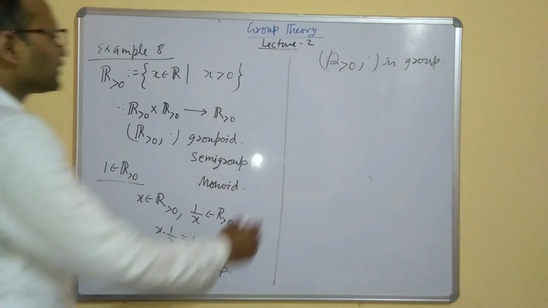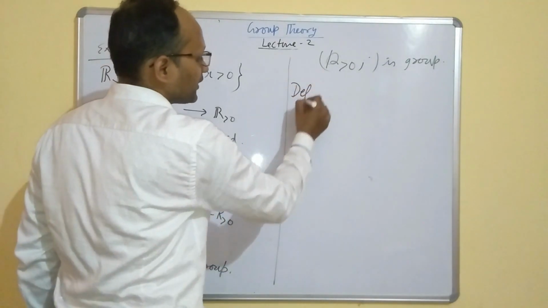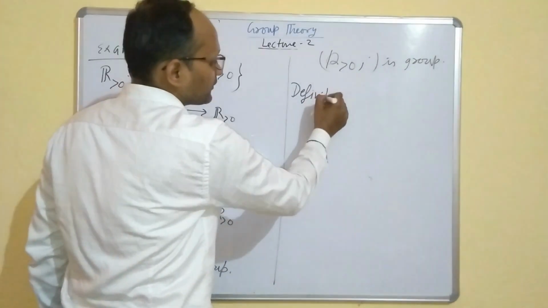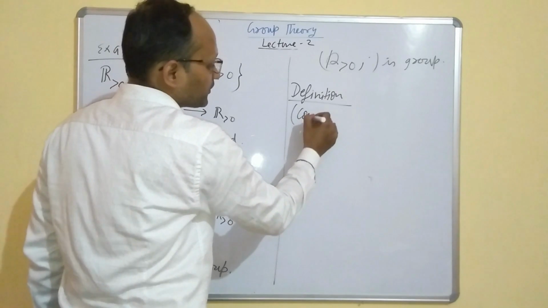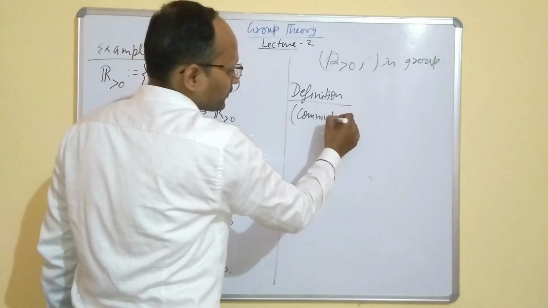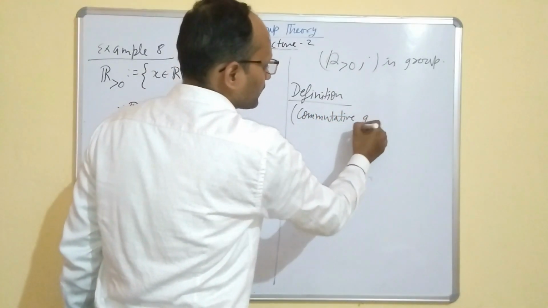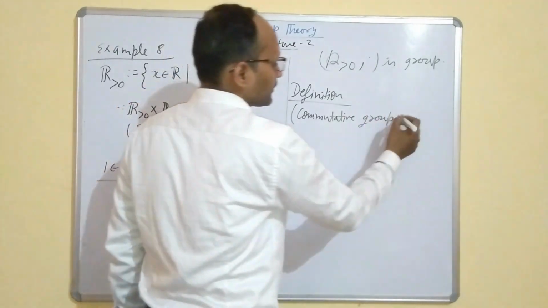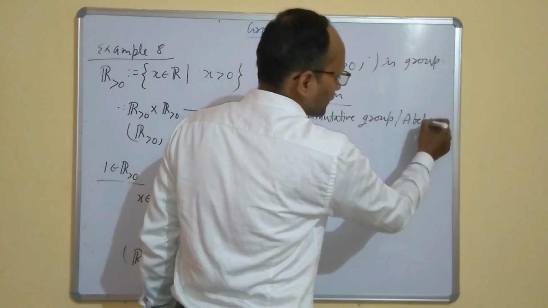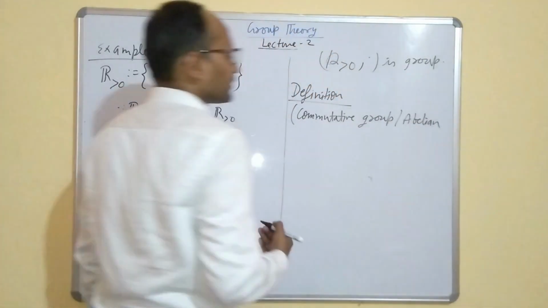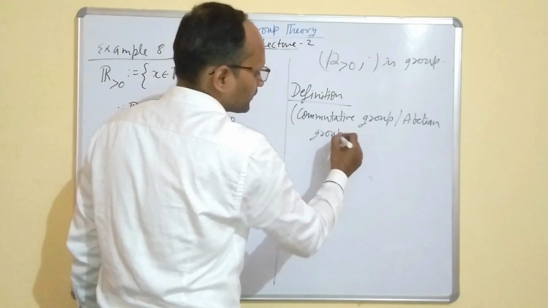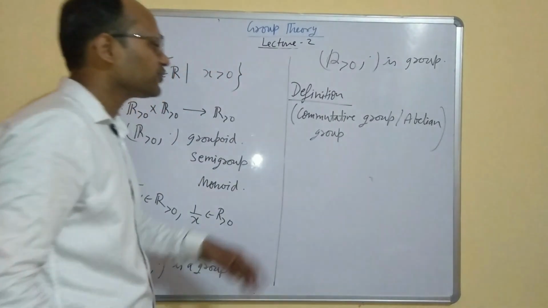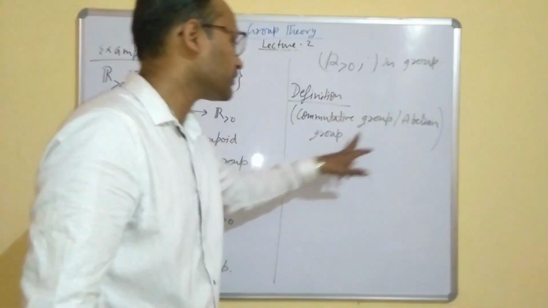So before moving forward, let me define what is a commutative group or abelian group. Both the terms are used, commutative group or abelian group.